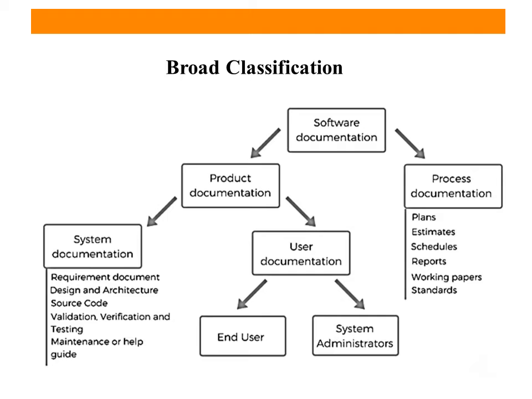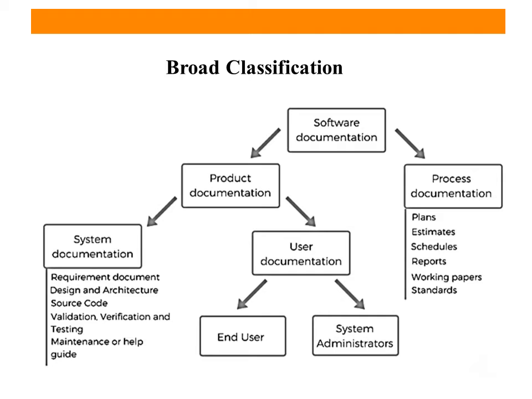The important point here is that requirement documentation means the functional requirements as well as the non-functional requirements. Then design and architecture, source code, validation, verification, and testing. Here it is written as testing, which means the complete testing, and maintenance or help guide.